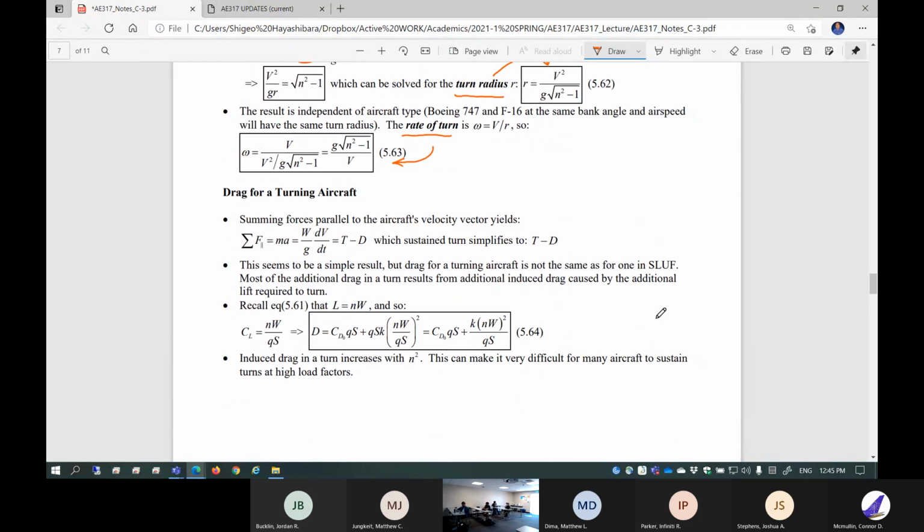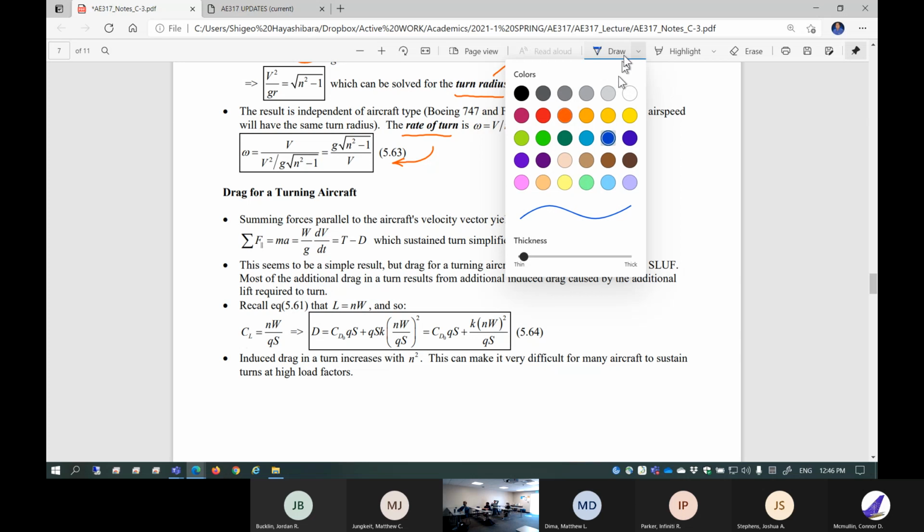Okay. So drag for a turning airplane, of course, because you are going to create more lift. Of course, lift is N times weight. If you're doing a 2G turn, it's going to be double. A 4G turn is 4 times bigger. Your CL is going to be huge. That's not the good news, actually.